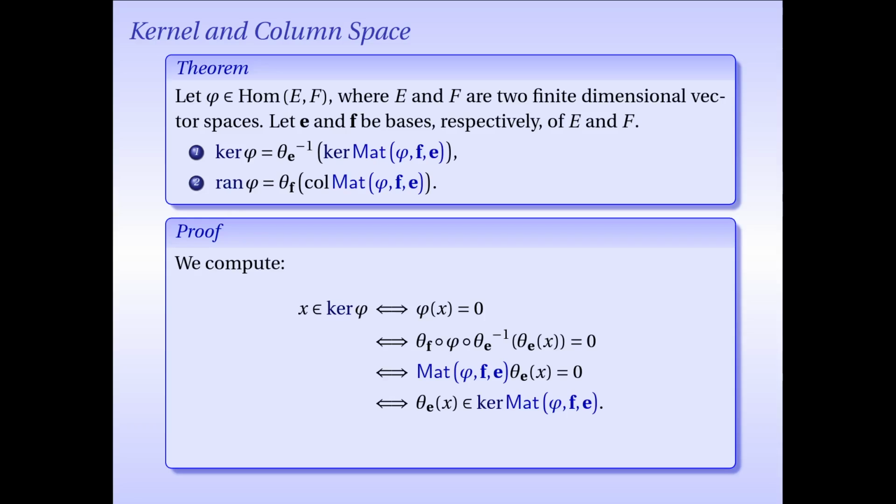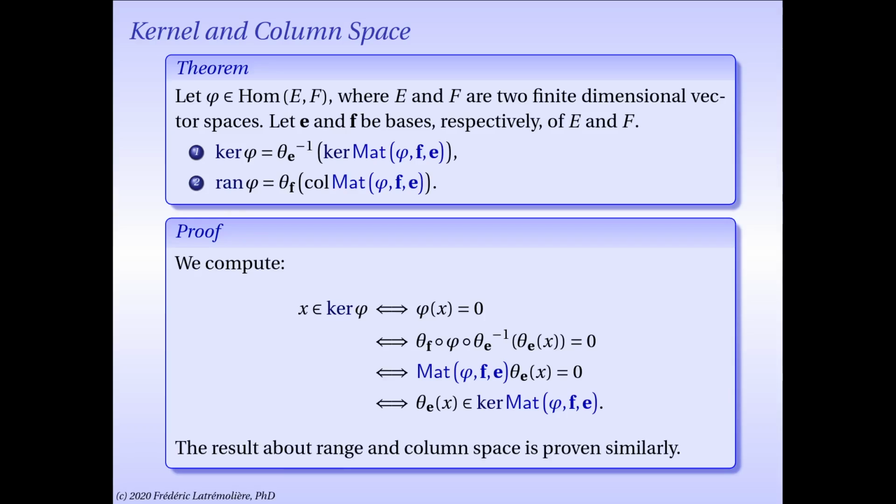This in turn is equivalent to theta sub bold E at X being an element of the kernel of the matrix of phi in bold F and bold E. This proves our first assertion in our theorem. The relation between range and column space is proven similarly.